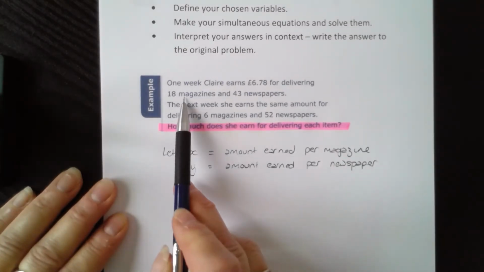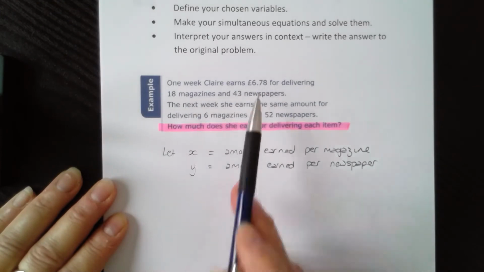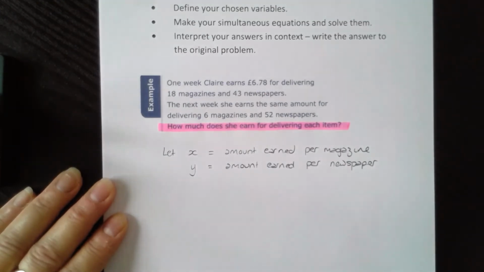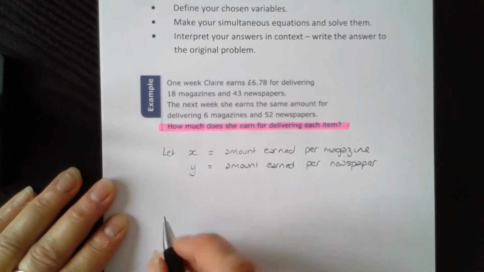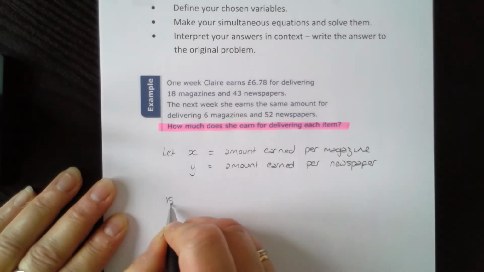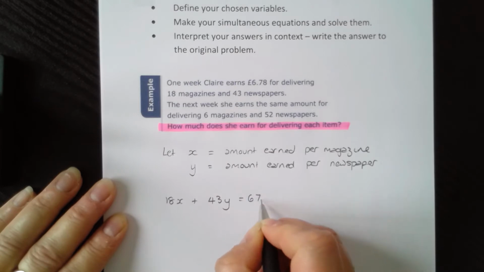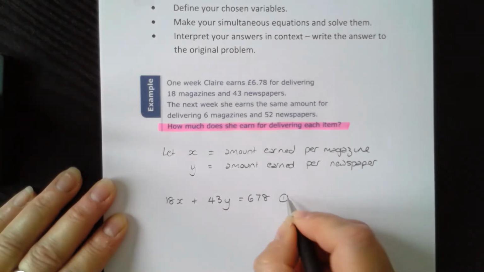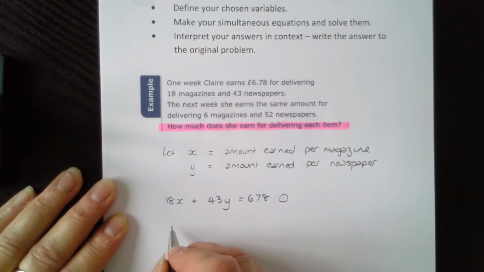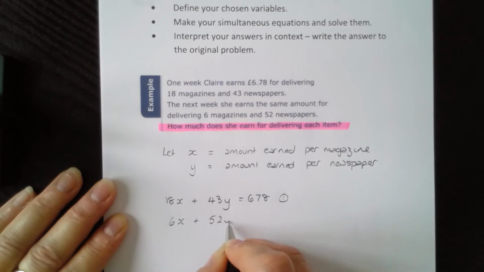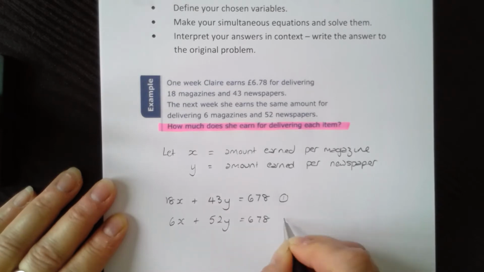So 18 magazines and 43 newspapers is £6.78. Because I'm likely to be dealing in small amounts at the end, I'm going to change the pounds into pennies. So equation 1 will be 18x plus 43y is equal to 678. You don't have to change to pennies, but sometimes it's useful. And the next one, 6x plus 52y is equal to 678, and that's equation 2.